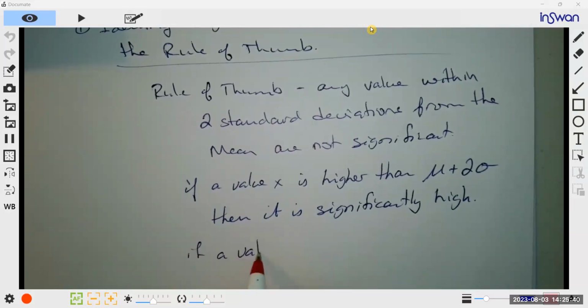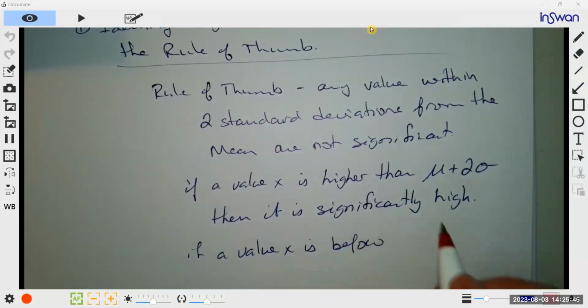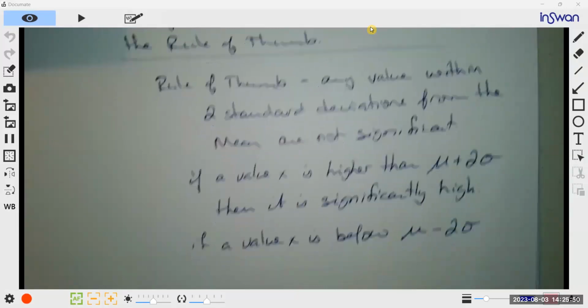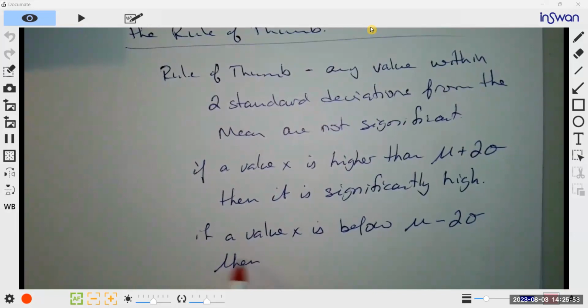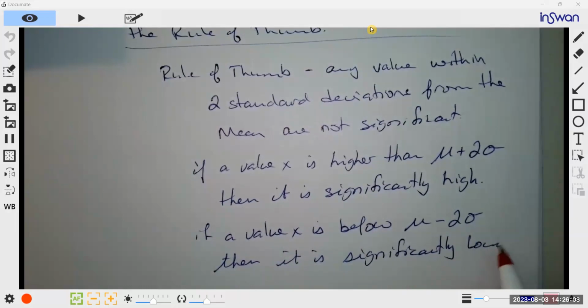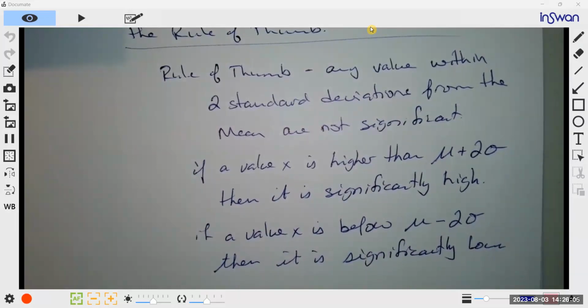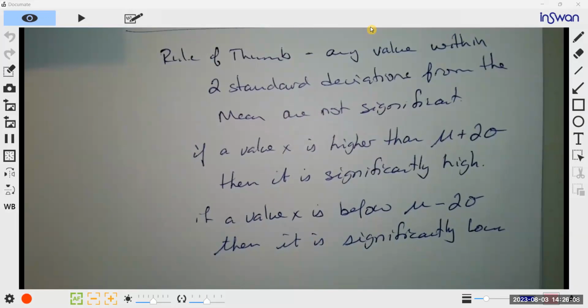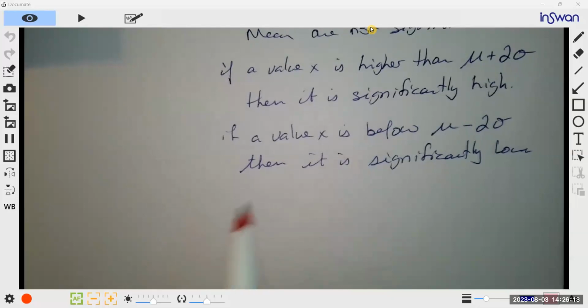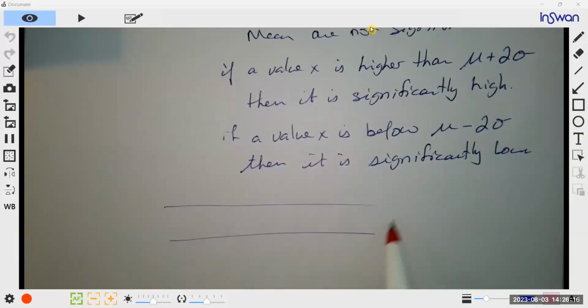If a value x is below 2 standard deviations of the mean, then it is significantly low. So anything in the middle is nothing. It's good. And the chart, the graph that they used earlier in the last chapter.